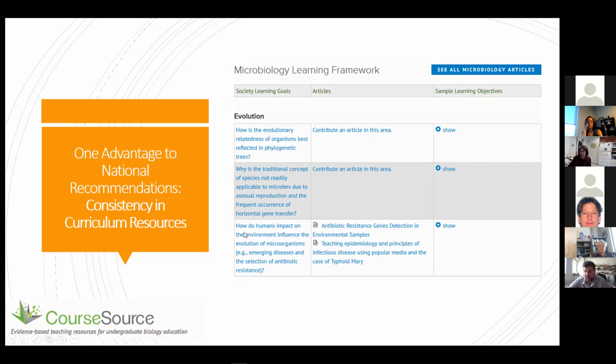And so if we look at humans impacting the environment and how that influences microorganisms, antibiotic resistance and epidemiology both go under that category. And then they have sample learning objectives for all of this. So it really does help when we're building a curriculum to share across different universities and colleges and educational contexts, the ability to have this framework in place.